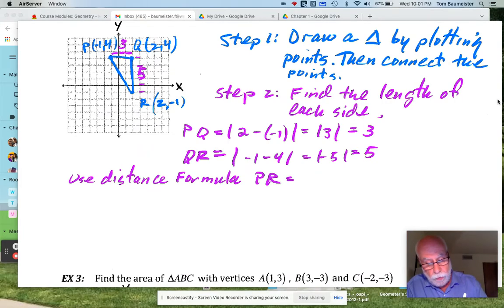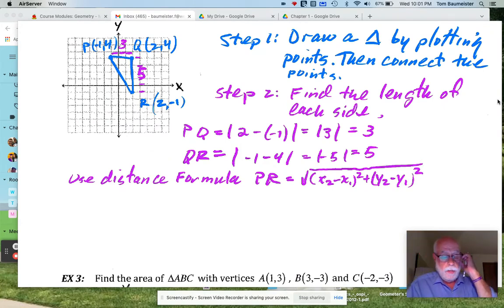All right, so we know we're going to have, let's see, x2 minus x1 quantity squared plus y2 minus y1 quantity squared. So again, it wouldn't matter which one you chose to be your x1, y1 or your x2, y2. So I'm just going to do this. So like I was doing yesterday. So we have the points 2 and negative 1. And my other one is negative 1 and 4.